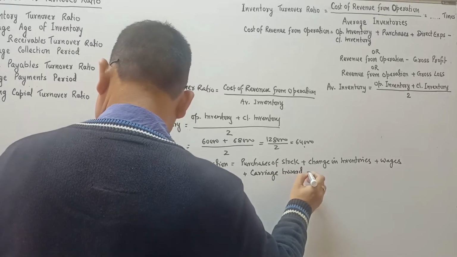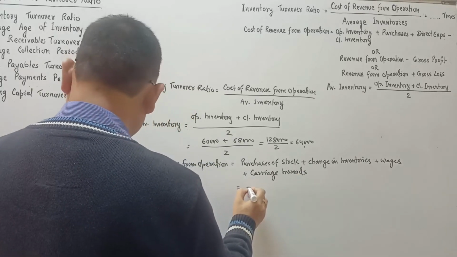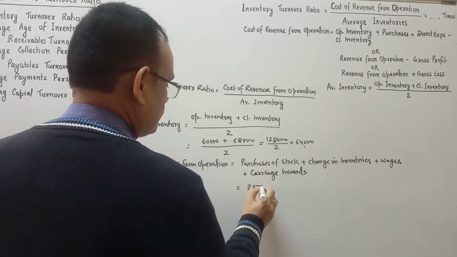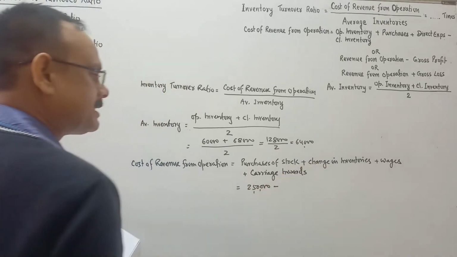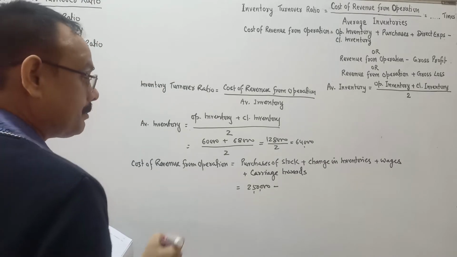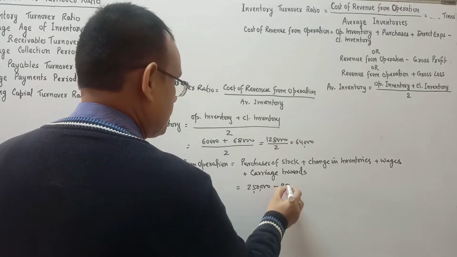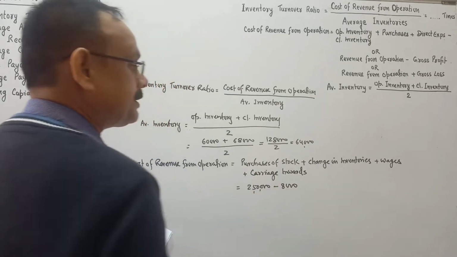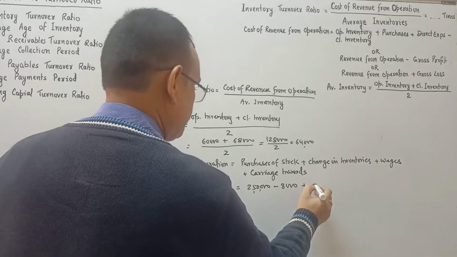Okay, carriage inwards. So purchase of stock in trade is 2,50,000 and change in inventory is given in minus. So minus how much? Minus 8,000. Change in inventory figure is in minus. Plus wages is 58,000.